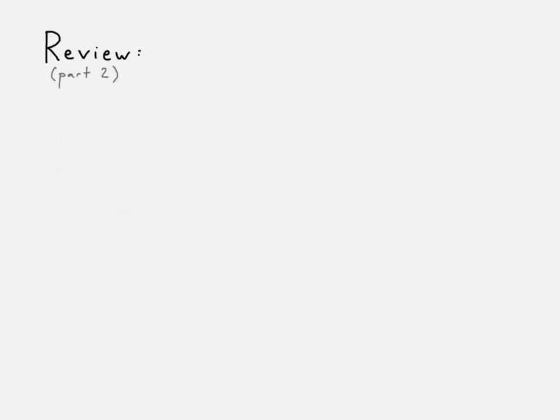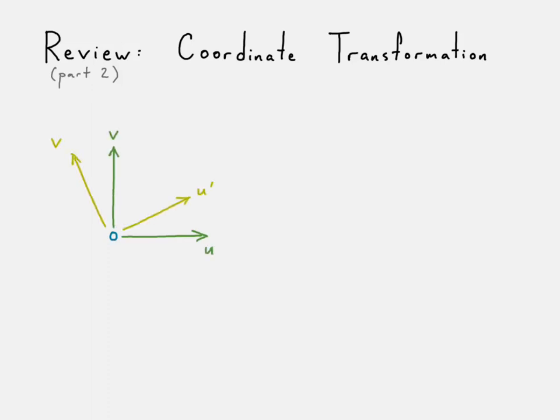All right, so now continuing that review, let's take a look at coordinate transformation. So in coordinate transformation, first we have our global coordinate system, and let's say we have a transformed coordinate system. So the global coordinate system might be the X and Y directions we're usually used to, and then maybe the transformed coordinate system would correspond to what the element orientation might be.